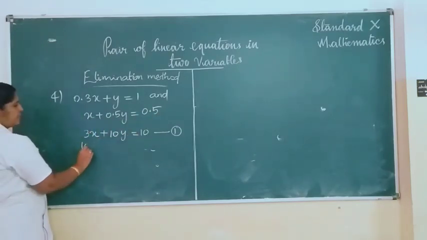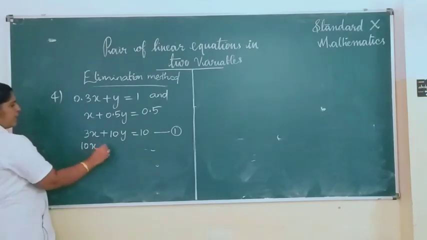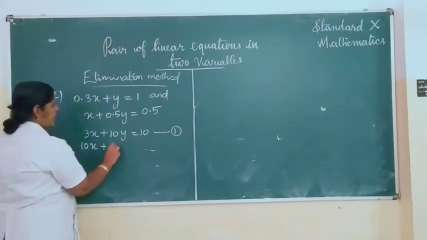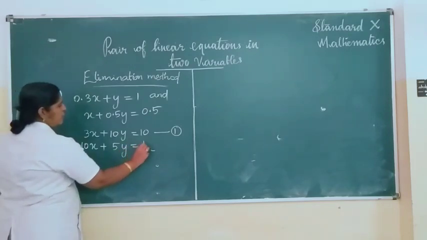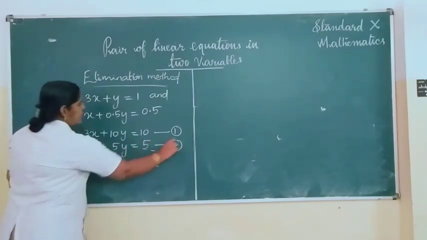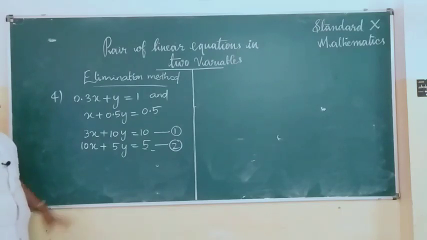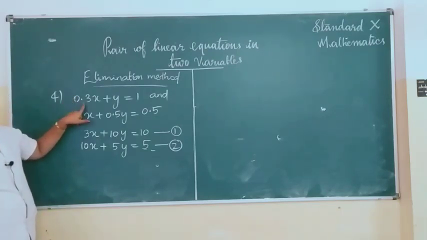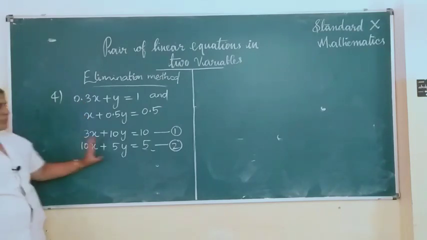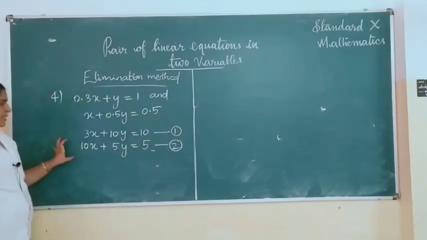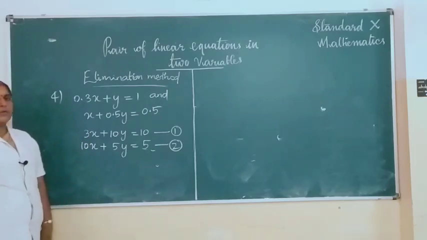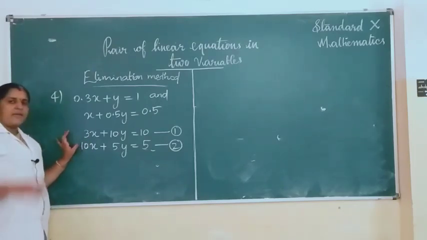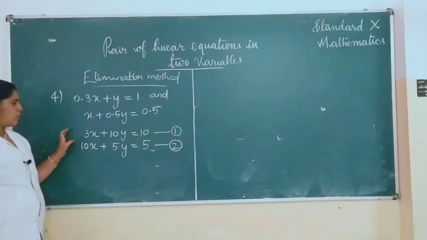So this equation becomes 10x, 10 into 1, plus 5y equal to 5, as the decimal is removed. So that is our second equation. So this is the first step: when we are given decimal numbers, we remove the decimals and make them whole number coefficients. Now we are doing our elimination method. You see, to do the elimination method, we want to eliminate either x or y.